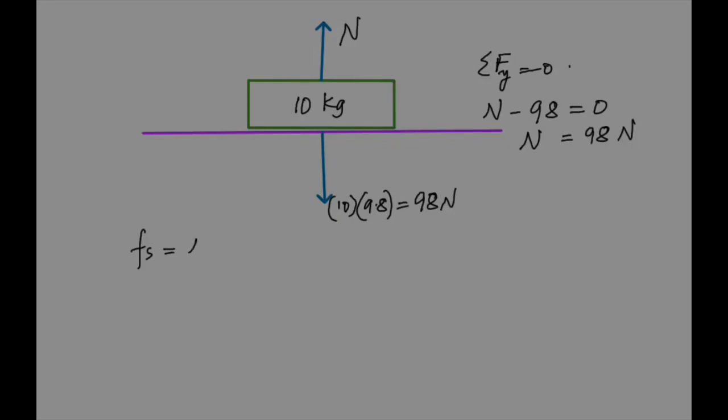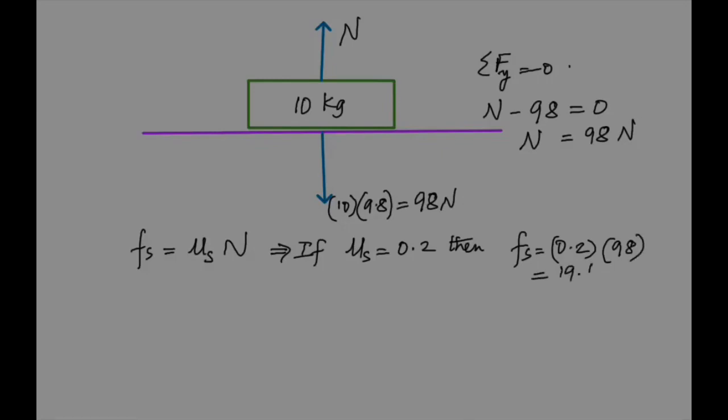If that is true, then the static friction given by mu s times N can be easily calculated. Let's assume that mu s is 0.2. It'll be given to you, so it depends on the nature of the surfaces. Okay, so if mu s is 0.2, then what is the force of static friction? Then we get 0.2 times 98, which gives 19.6 newtons. So that's static friction.